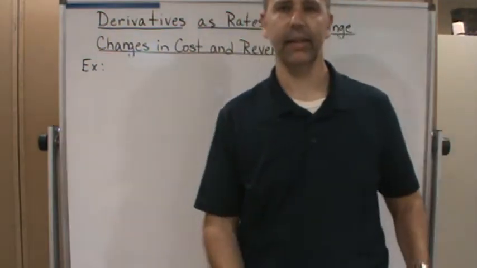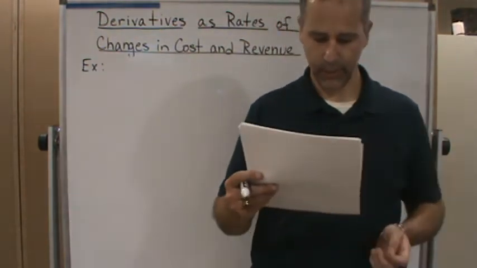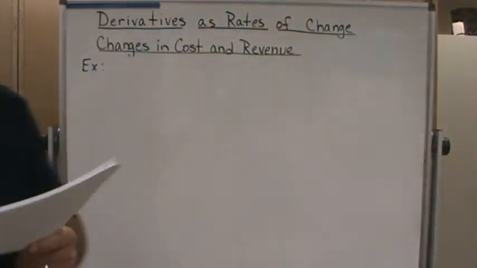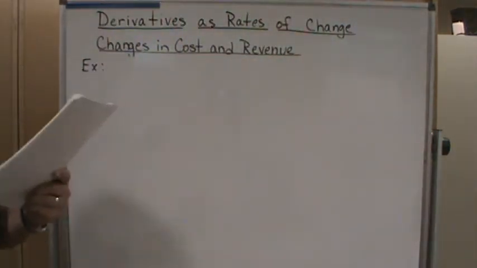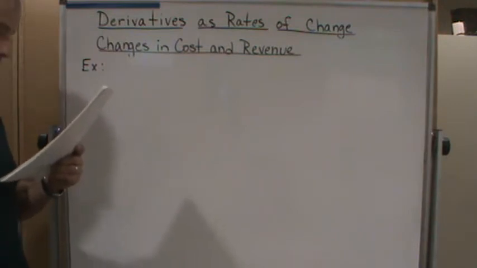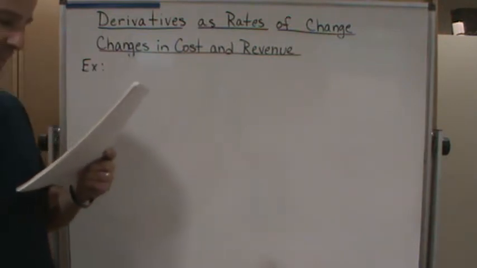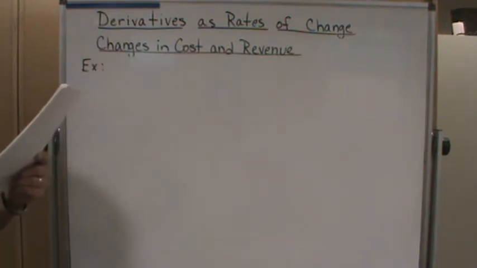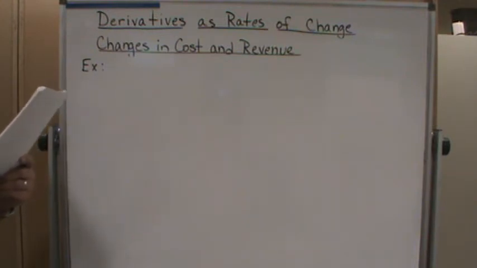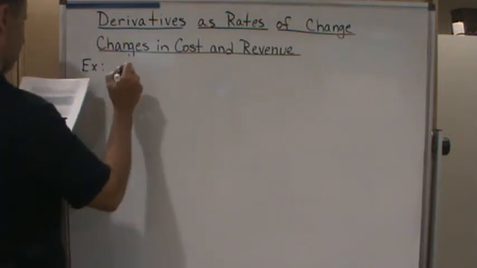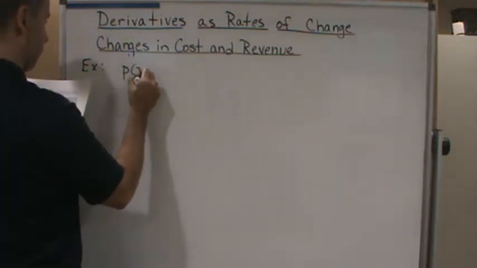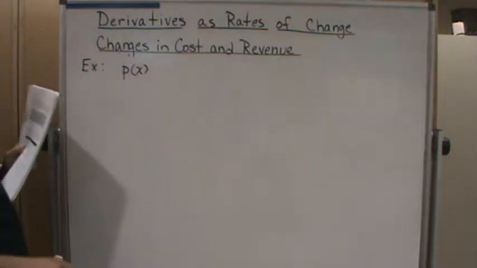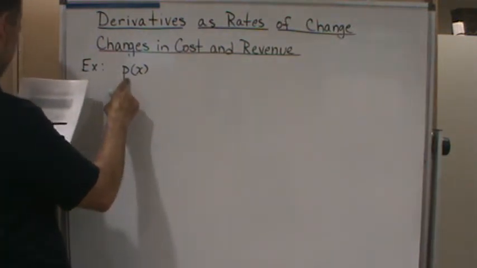Okay, welcome back. And now we're going to do an example of applying marginal revenue. So here's the problem. It says, assume that the number of barbecue dinners that can be sold, X, can be related to the price charged, P, by the equation P of X. Now this is not profit, this is price, lowercase p.